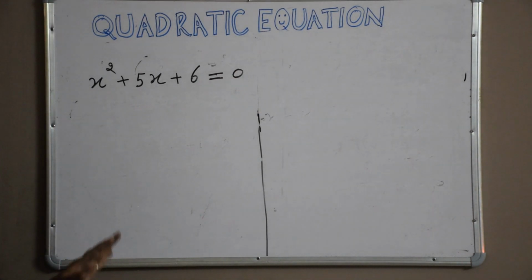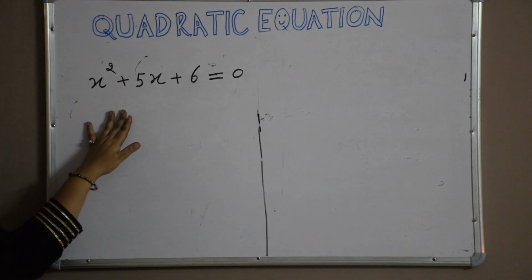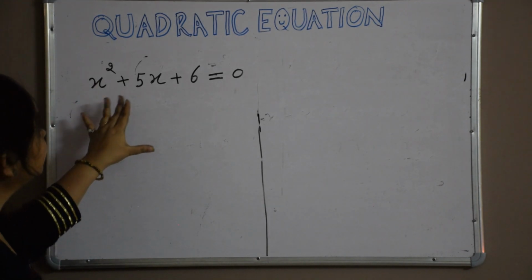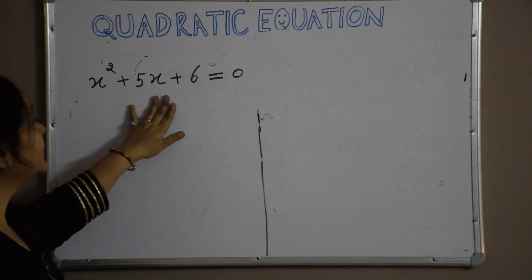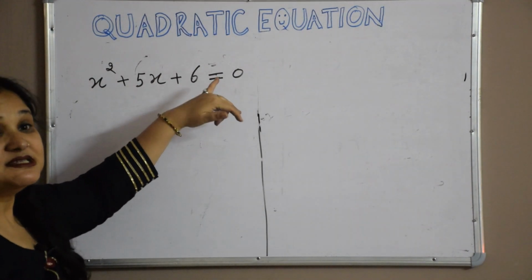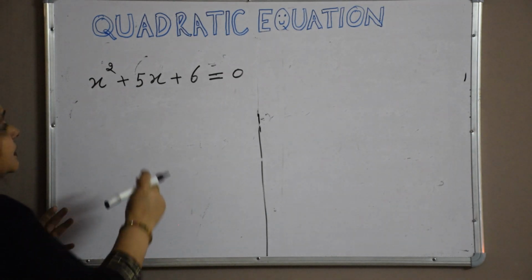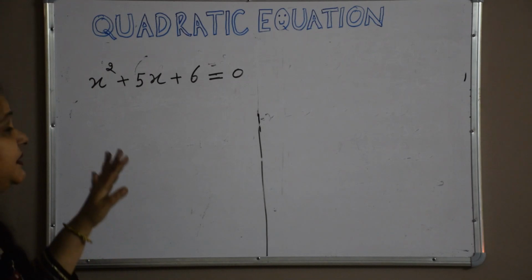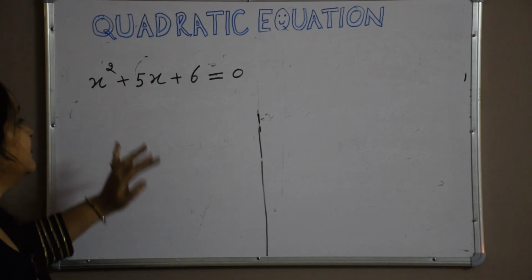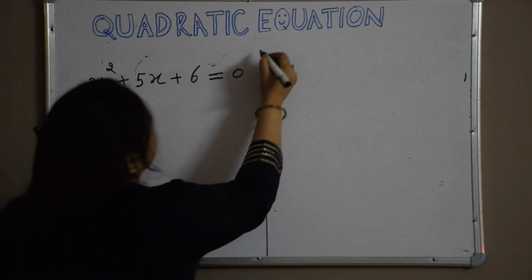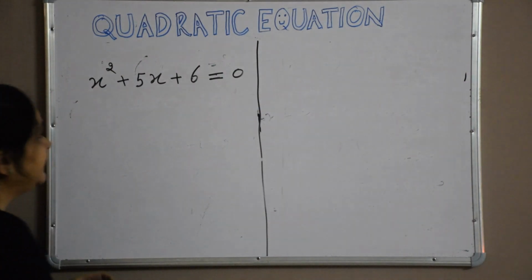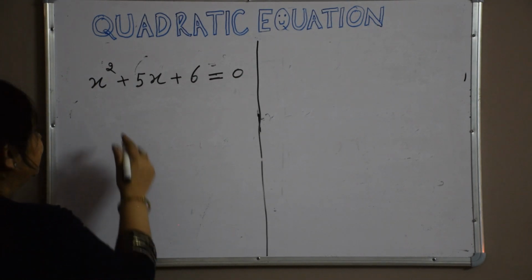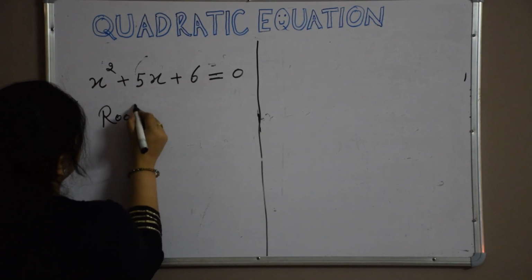So I have to solve this quadratic equation, means I have to find those values of x which make the total value of this quadratic equation equal to 0. Means we have to make left hand side equal to the right hand side. That is the meaning of solving a quadratic equation, and those numbers which make the value of the given quadratic equation equal to 0 are called the roots of the quadratic equation.